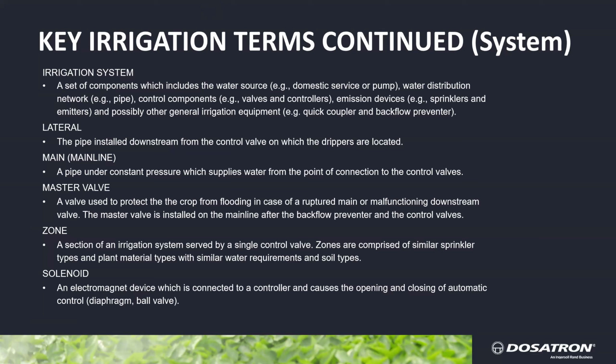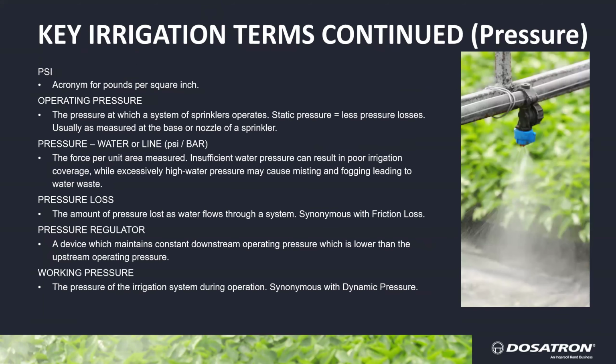Our last terms that we'll talk about here are related to pressure. Pressure is an acronym for pounds per square inch. It is the force that drives the water for you to make those waterings, right? When we look at pressure as it's related to irrigation, we find operating pressure.